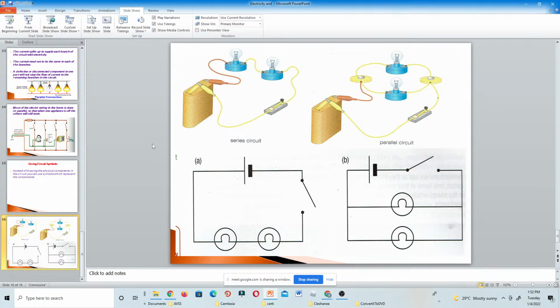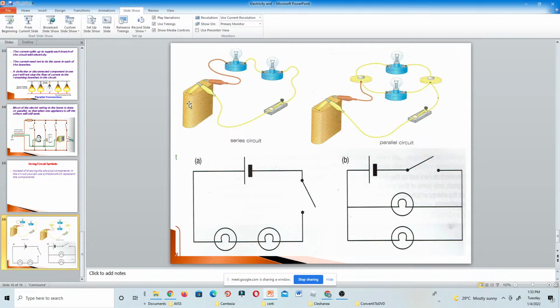So we have the battery. Of course this sign represents the battery there. That represents a cell. So for CXC purposes, you can be given this diagram at the top there, and then you need to draw an electrical diagram showing everything on the top there. So it's like a plan. So definitely I have the battery, see the battery up there.